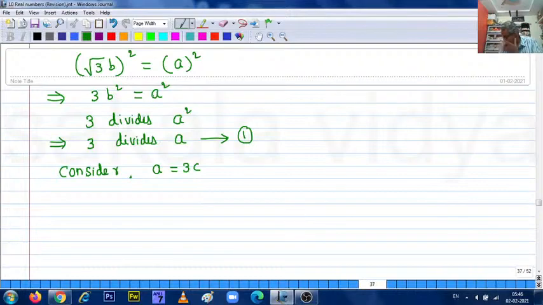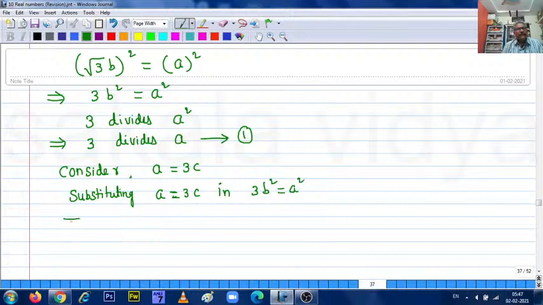So now, substituting a is equal to 3c in 3b square equals a square, what do you get?